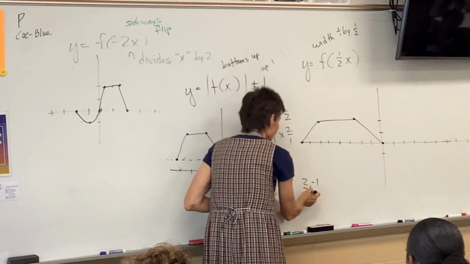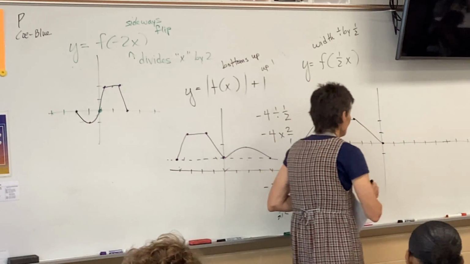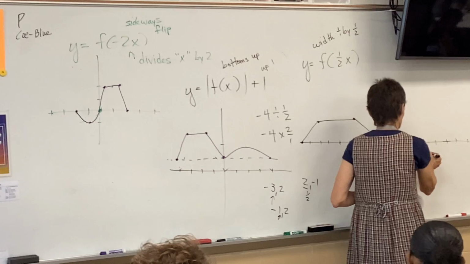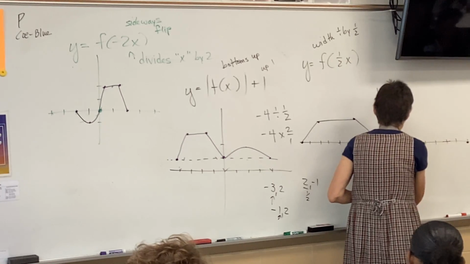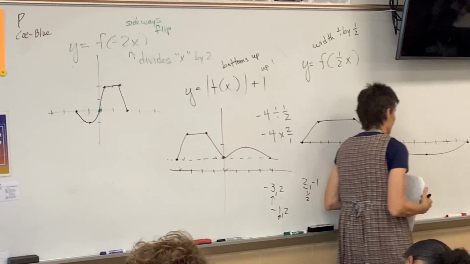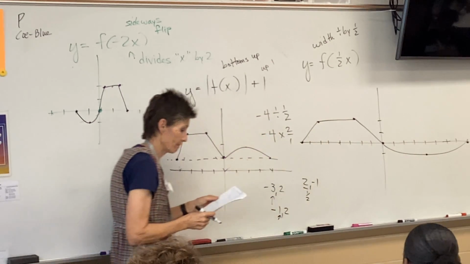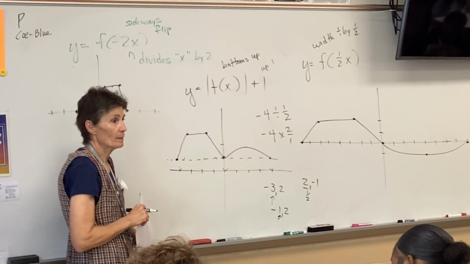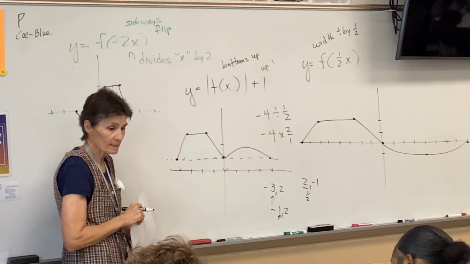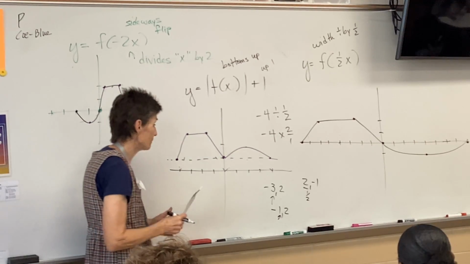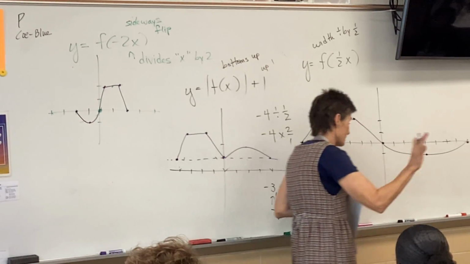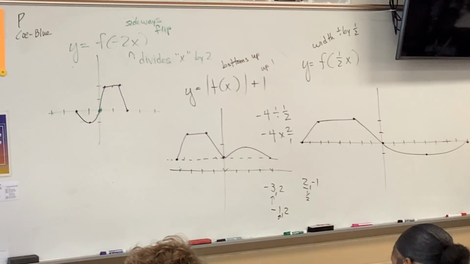Divide this by a half, that's going to be at 4, -1. And there we go. That's the only thing that happened. Everything got divided. Every x got divided by a half.